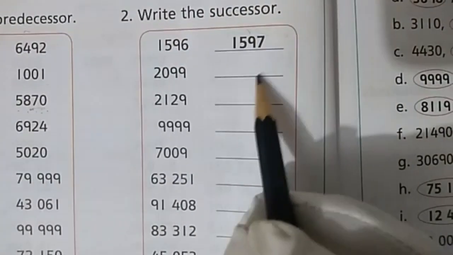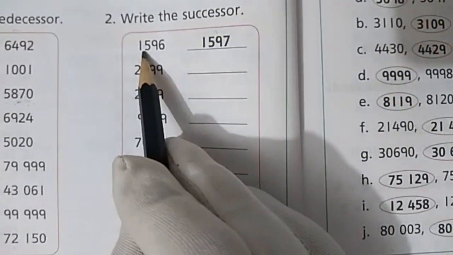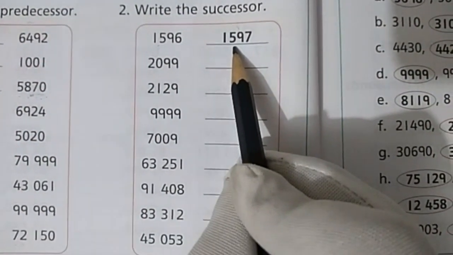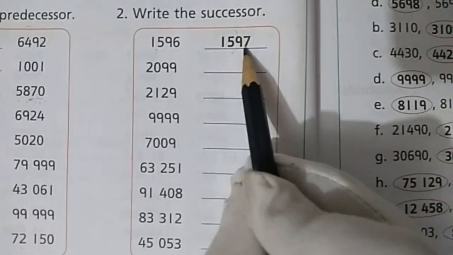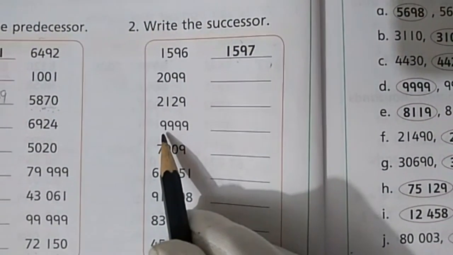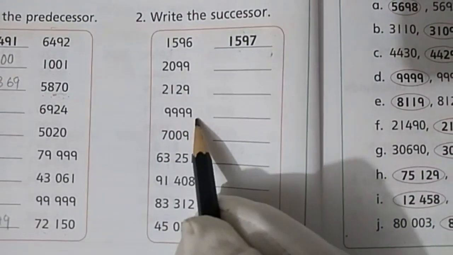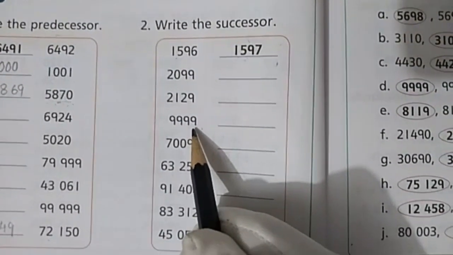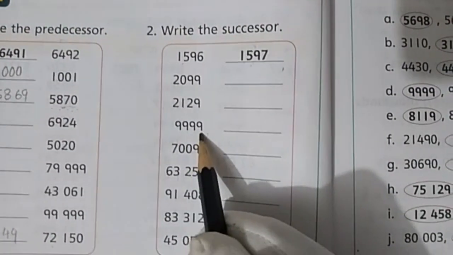Now exercise 2. Write the successor, which means the next number. If the number is 1,596, the successor is 1,597. In this way, if the number is 9999, what do we have to do? Just add 1 over there.